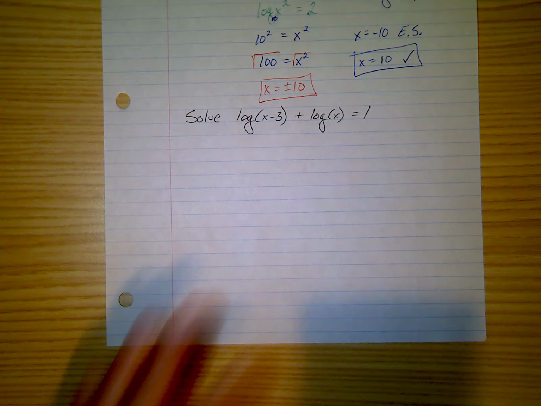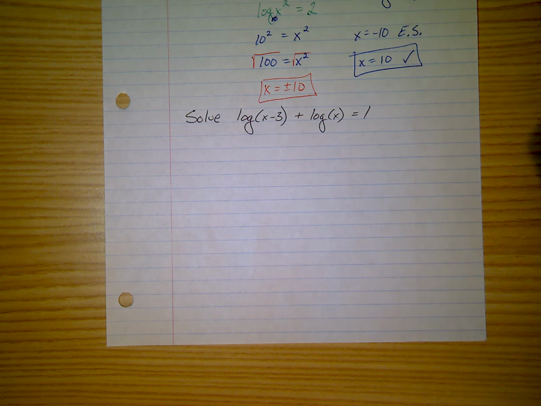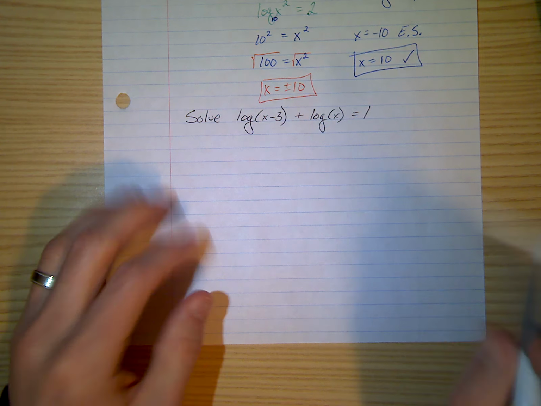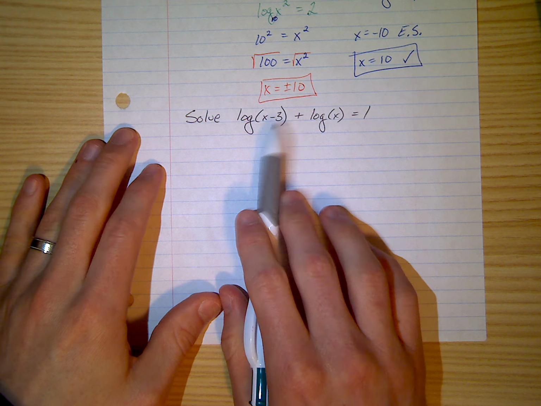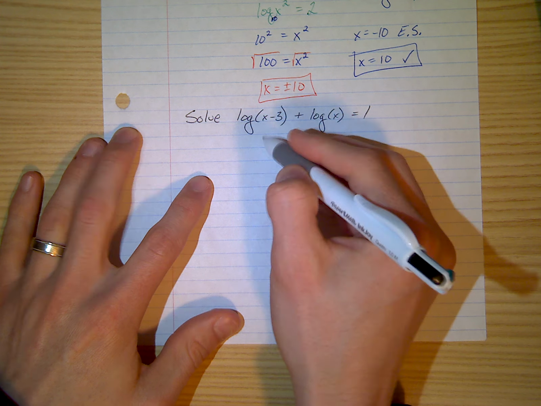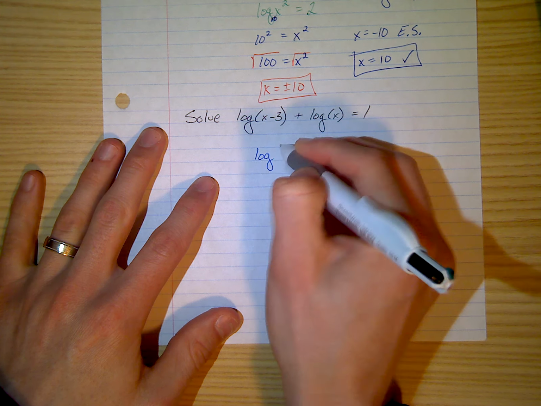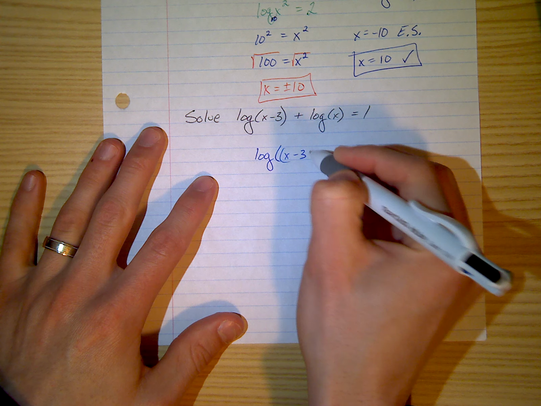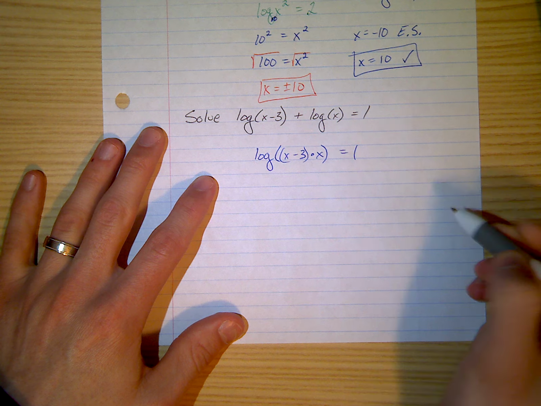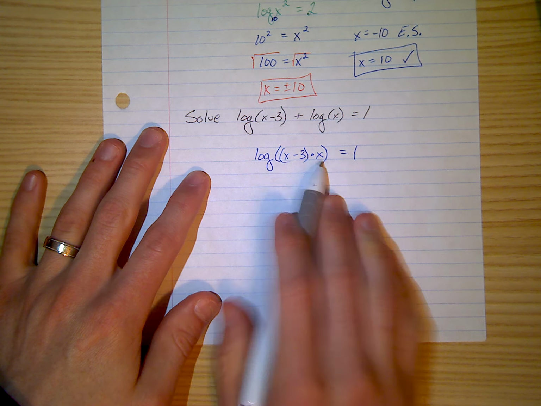On this last one here, if we have two different logarithms, we have to remember how to combine them into one. If we are adding, we multiply their two parts together. So we have the log of x minus 3 times x is equal to 1. Well, we'd have to distribute this together.